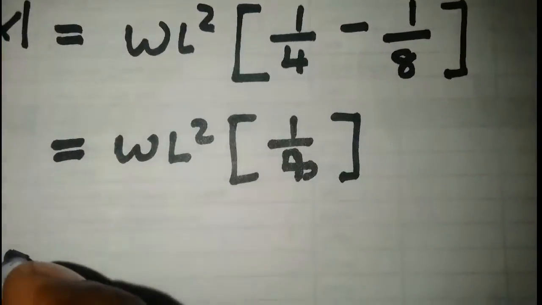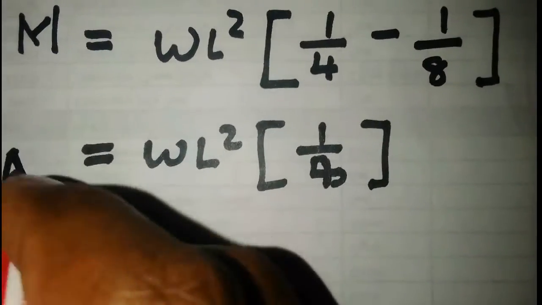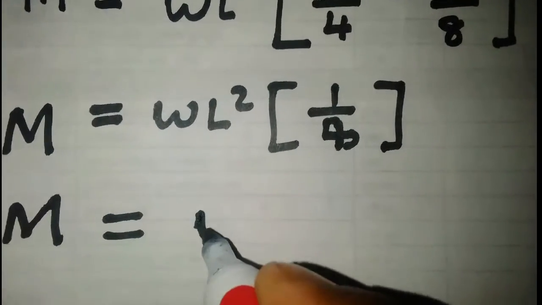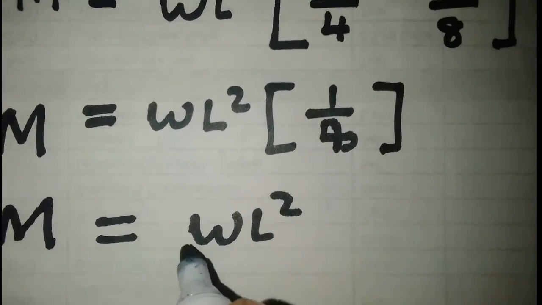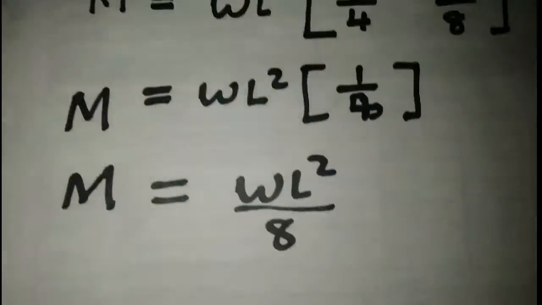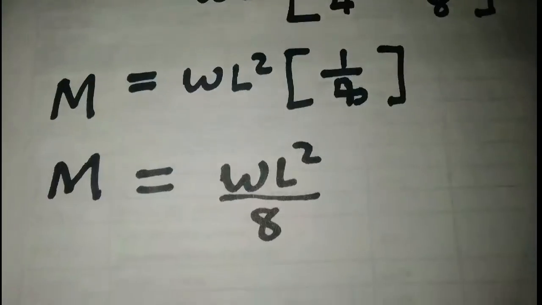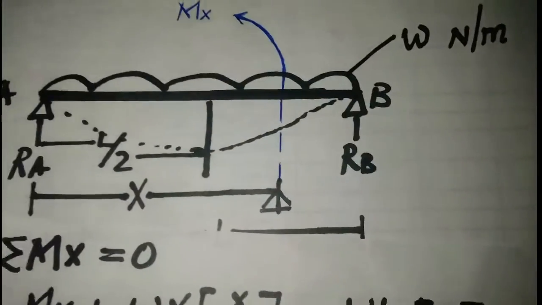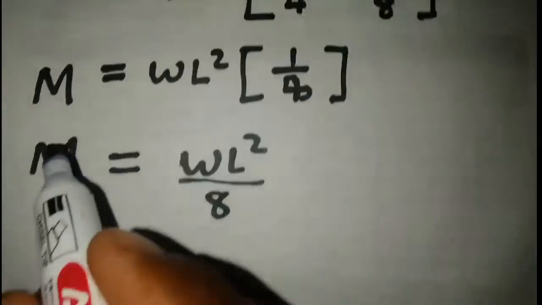Okay, so M will be equal to WL squared over 8. So this is how we derive the bending moment for a simply supported beam with a uniformly distributed load on it. So this is how we calculate it.